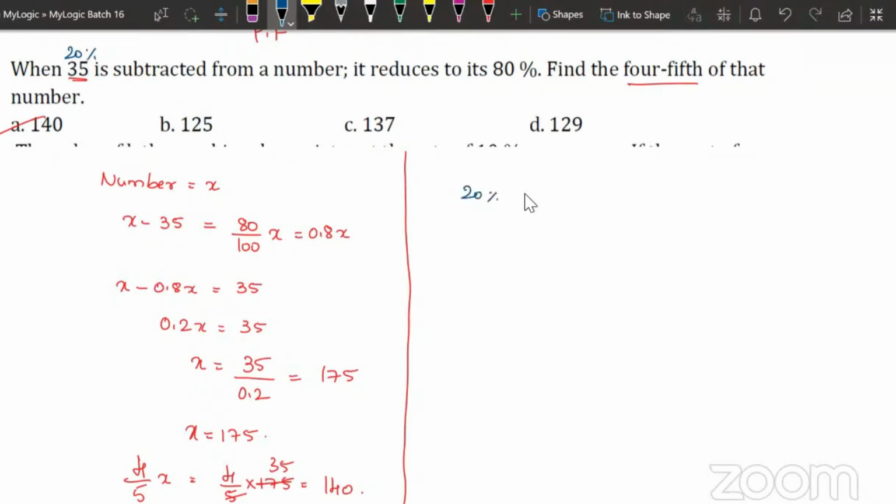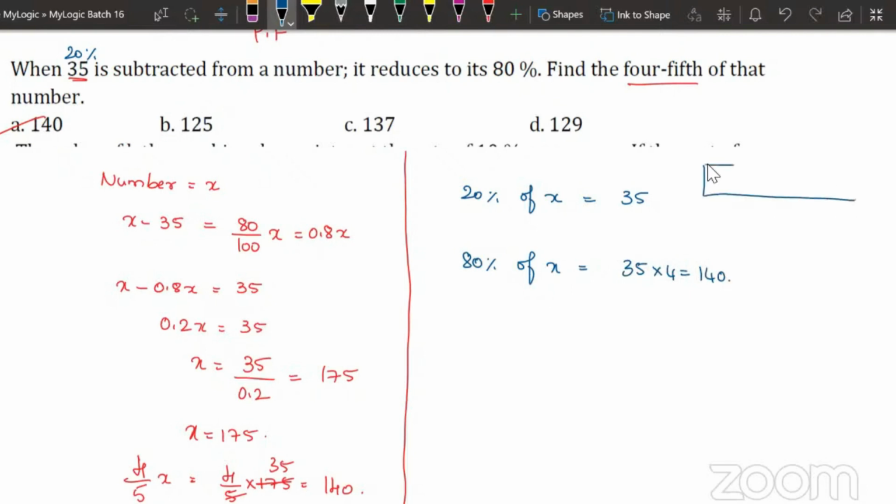So if 20% of x is 35, I am supposed to find 4/5. What is 4/5 of a number? 4/5 of any number is same as 80%. We will see how we can get that. 80% of x is 20%, 4 times gives you 80%. So 35 into 4 gives you 140. Understood?